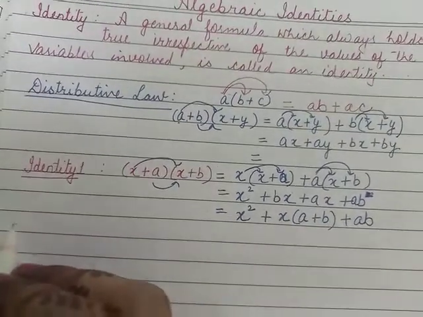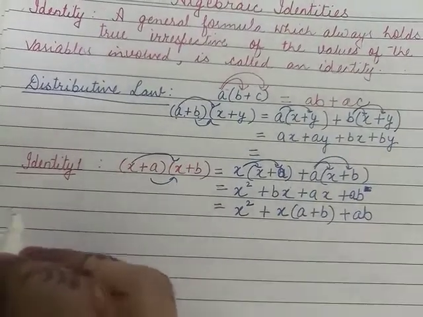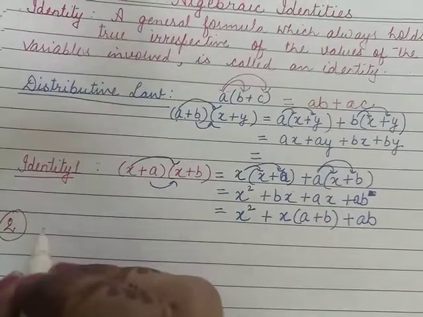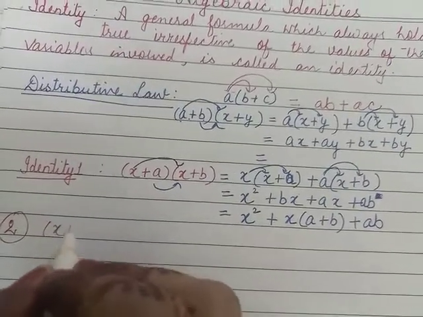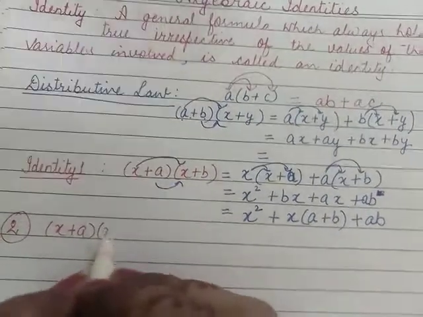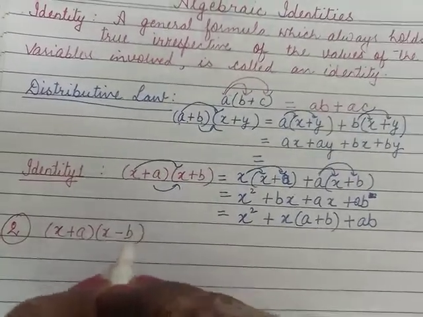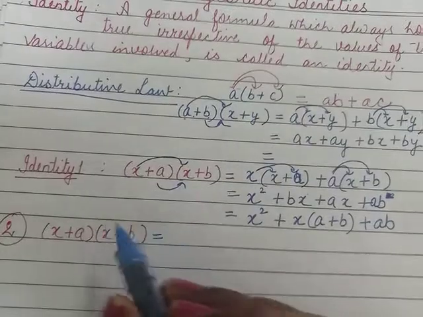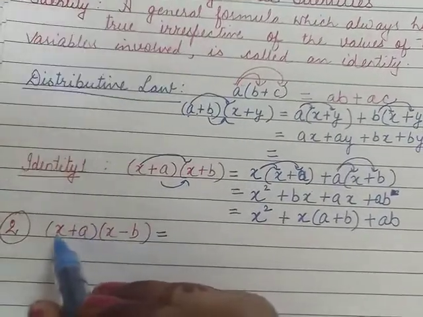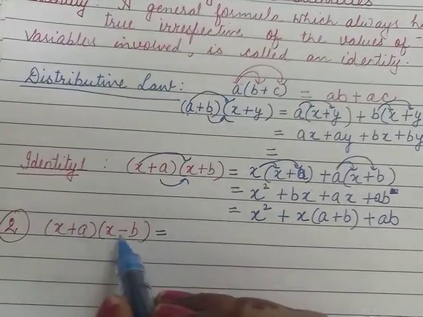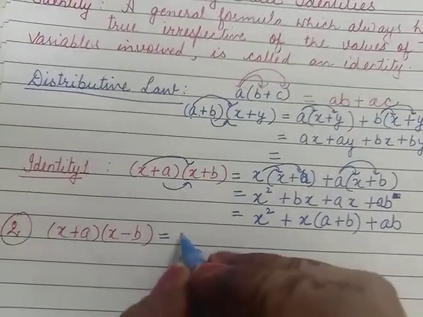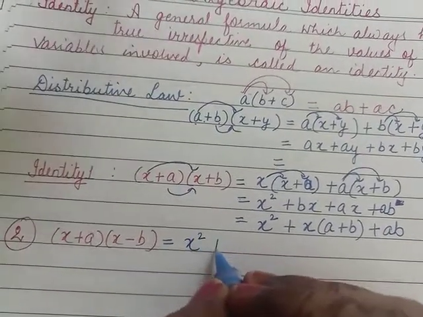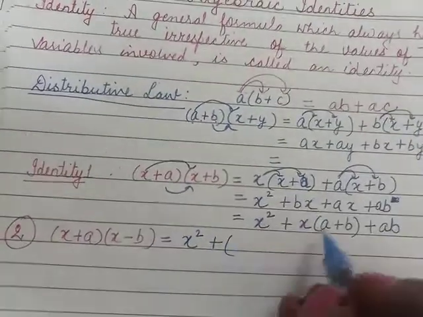Then I discuss identity 2. What the second identity is? It is given x plus a into x minus b. So now instead of multiplying and showing the answers, I'll write the identity directly. See, this is now a is plus and b is minus. So how we are going to write? x square plus bracket we have a plus b.